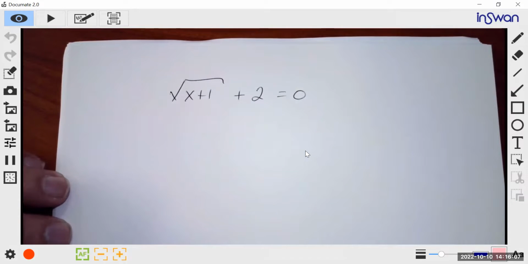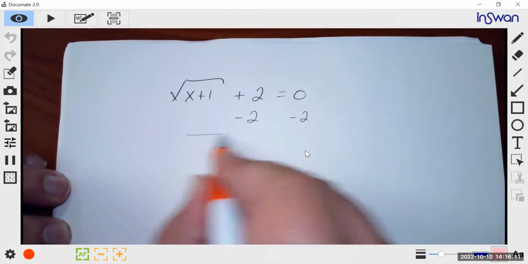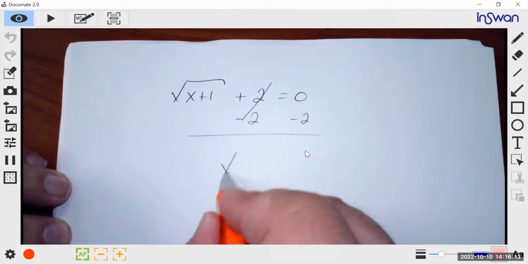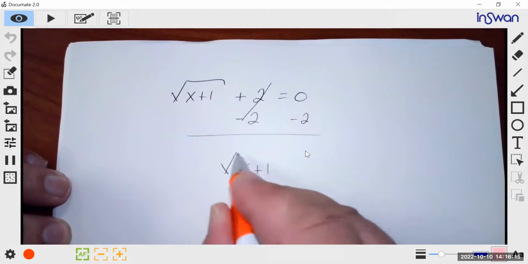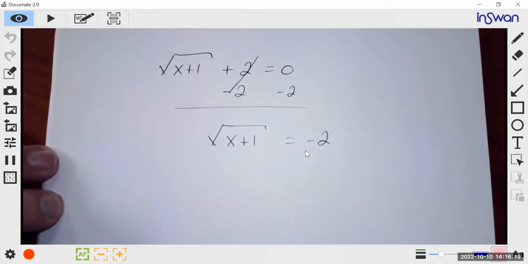What do you do here first? Minus 2 on both sides. X plus square root of x plus 1 equals negative 2. Then what? What do you have to get rid of?